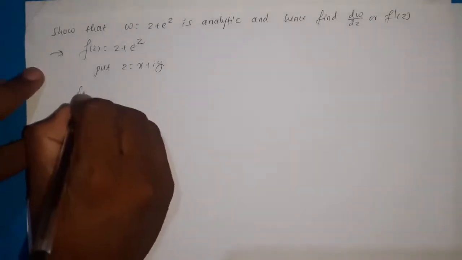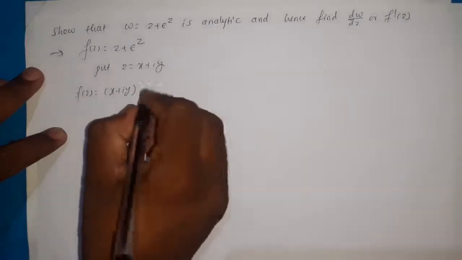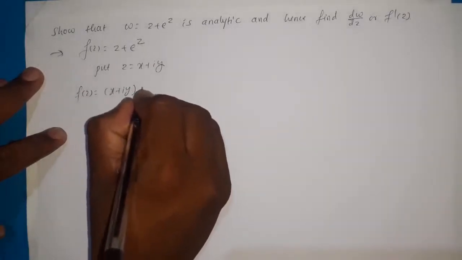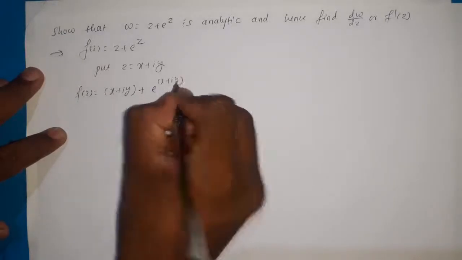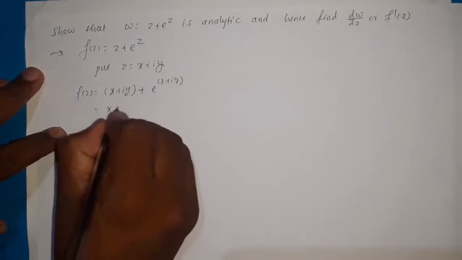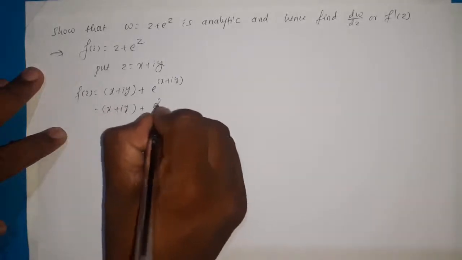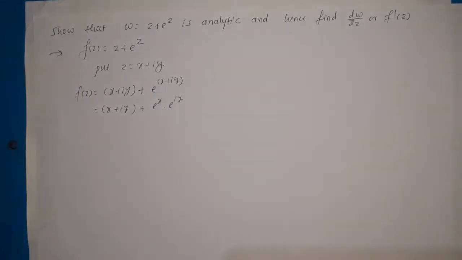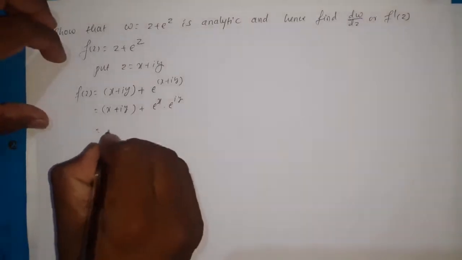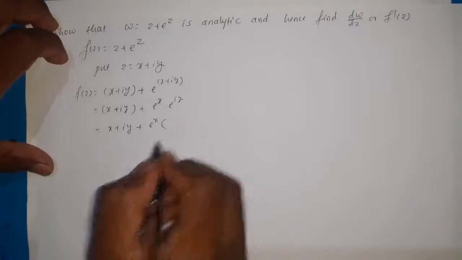So f of z equal to x plus iy plus e power x plus iy, which is equal to x plus iy plus e power x into e power iy, by using the law of indices.